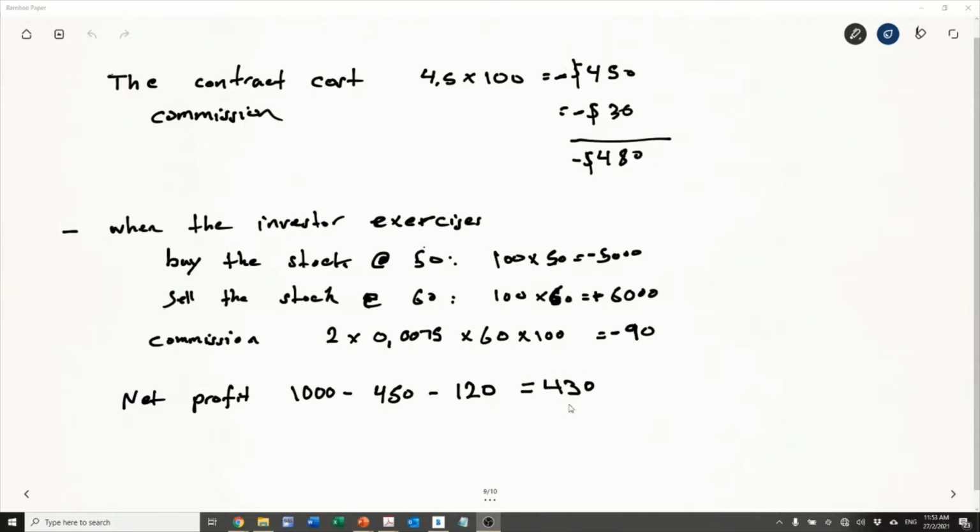So net profit is going to be 430. Now you can see that the transaction cost associated with trading options is not trivial. It's a significant amount. It reduced the profit from 1,000 to 430. So we have to add the cost of the option itself and the commission associated with trading the options.